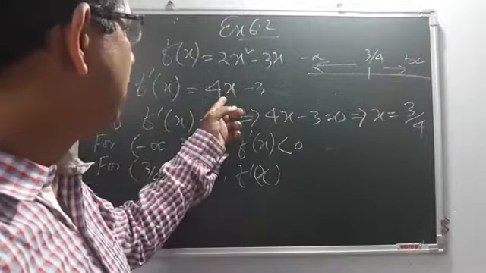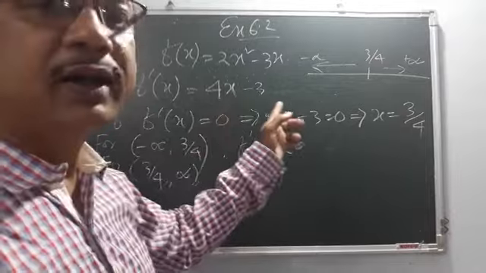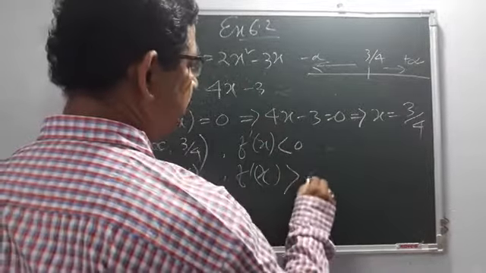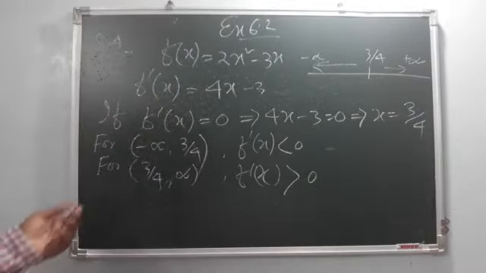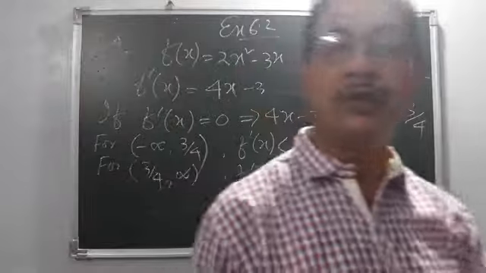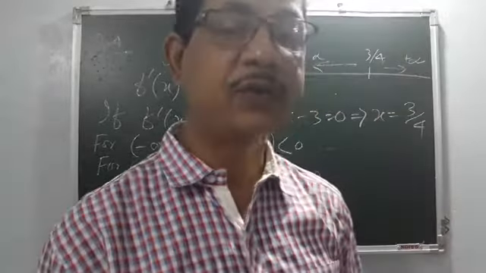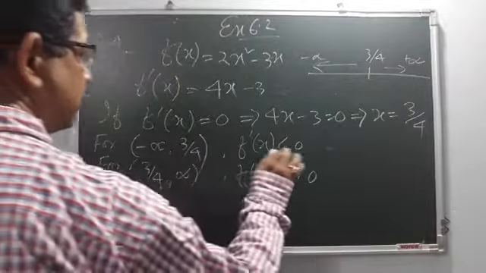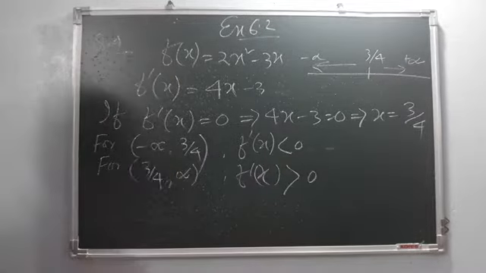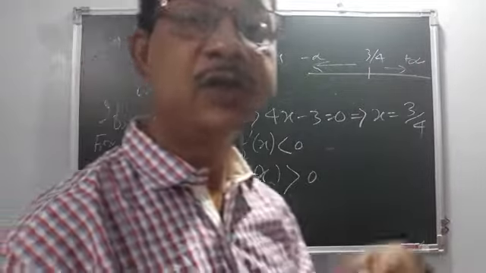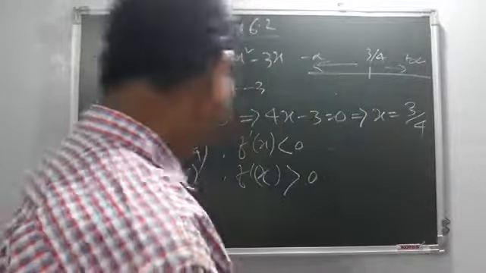If you put 1, 4 times 1 is 4, minus 3 is 1, a positive term, so it is greater than 0. So for this interval f'(x) is positive, and so f(x) is strictly increasing. And as f'(x) is negative in the other interval, f(x) is strictly decreasing.